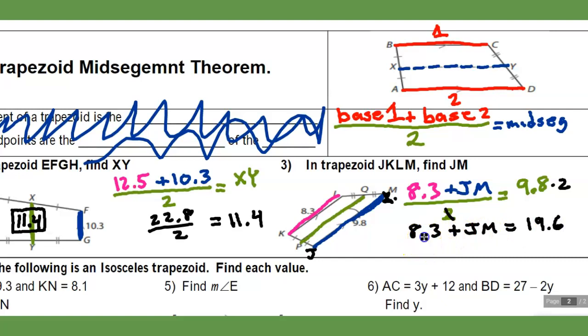And subtract 8.3 on both sides, and we'll find out that JM is 19.6 minus 8.3, which would be 19 minus 8 would be 11. 0.6 minus 0.3 is 0.3. So our missing side we got to be 11.3, and it's important that our answer was bigger than 9.8, so that makes sense.